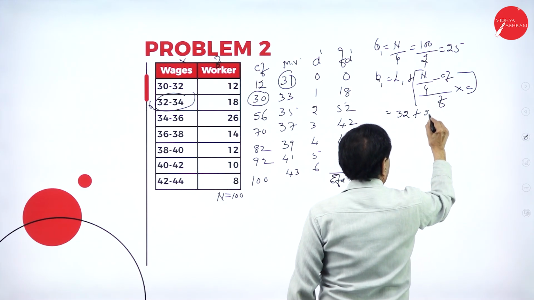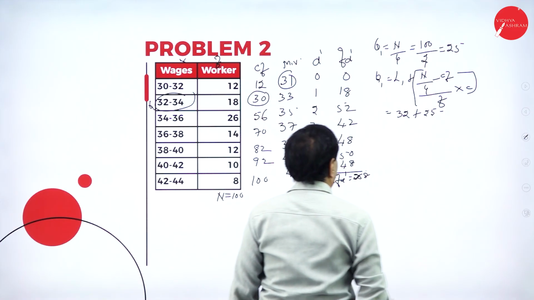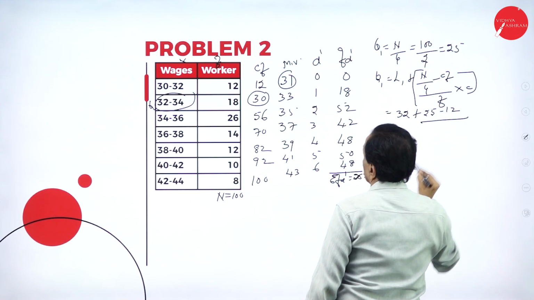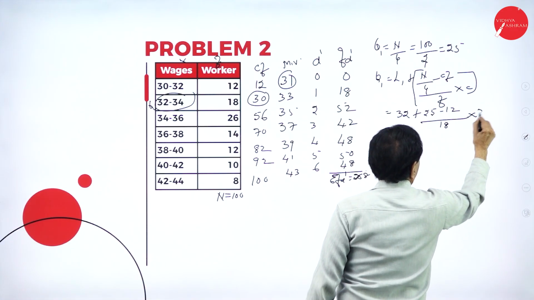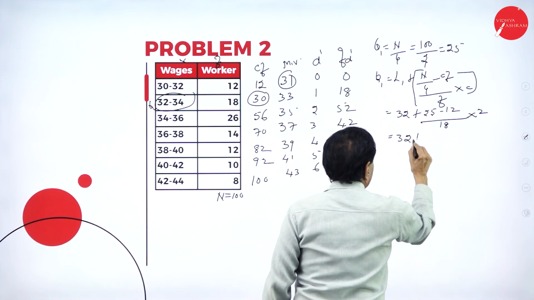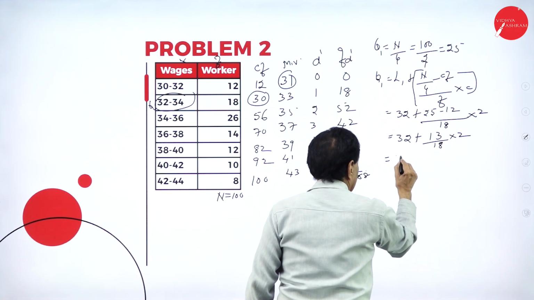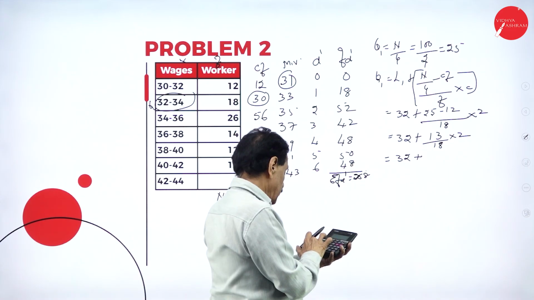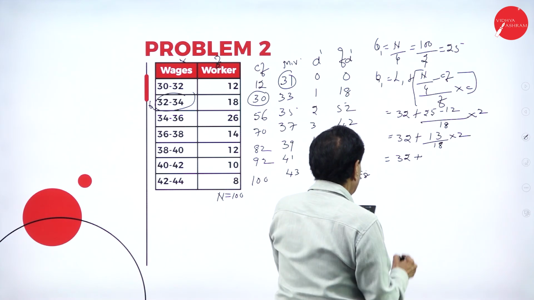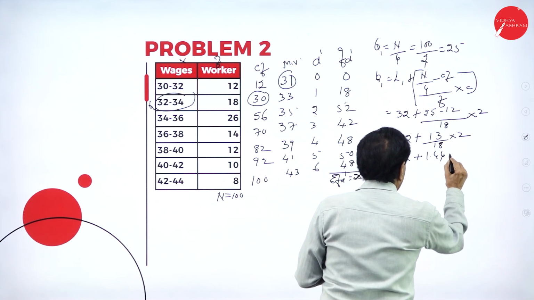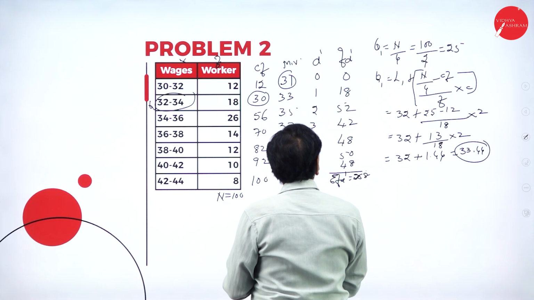What's your n by 4? 25 minus CF. Which range you have selected? 30. Behind number is 12, divided by frequency 18, class interval is 2. This is 32 plus 13 divided by 18 into 2, that is 1.44. 33.44. This goes to Q1.